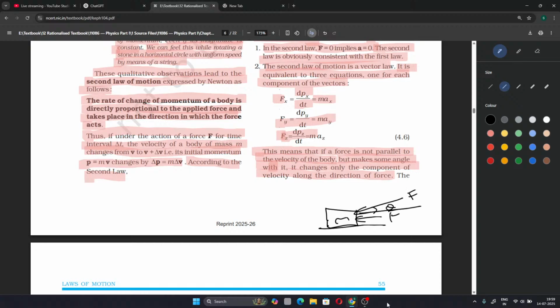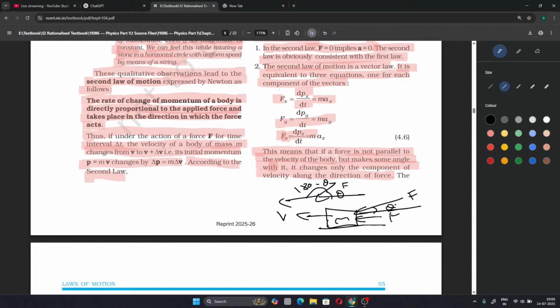If the force is not parallel, and this is the velocity vector, it is making an angle like this. Here it is 180 minus theta, but makes some angle with it. It changes only the component of velocity along the direction of force.